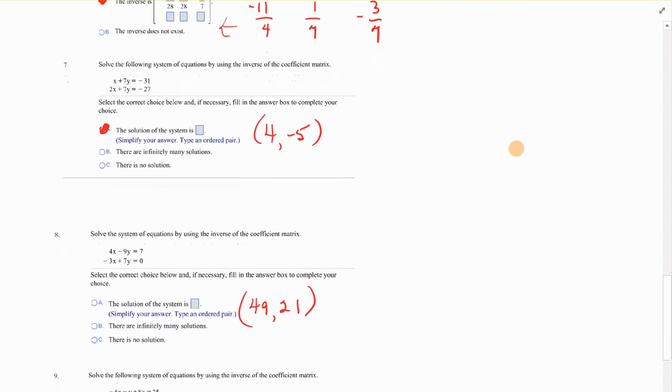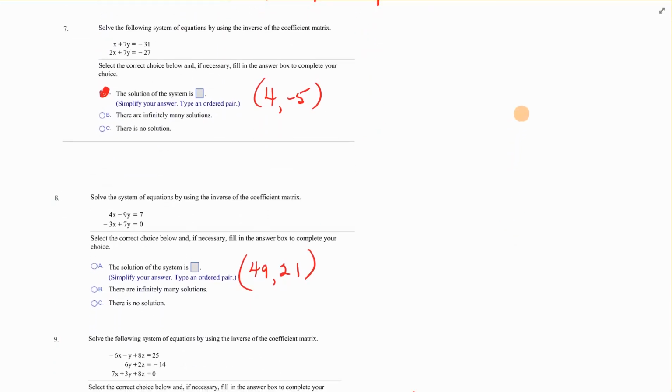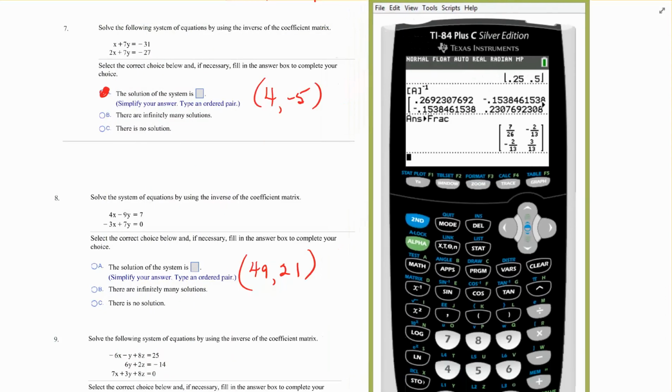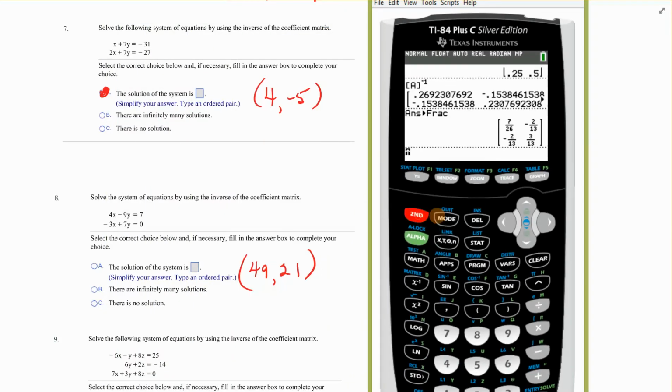All right. Now, these are saying to use the inverse of the coefficient matrix. We're just going to solve those by using the RREF method that we've talked about. So let's go through that one. So we're going to quit and clear out of that.